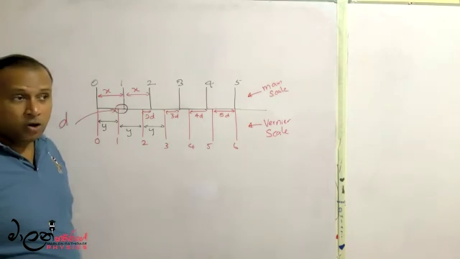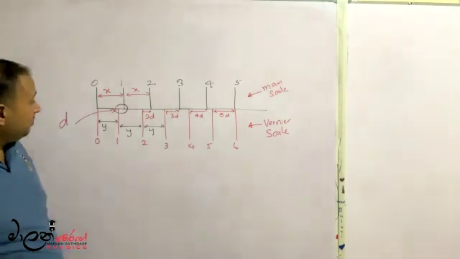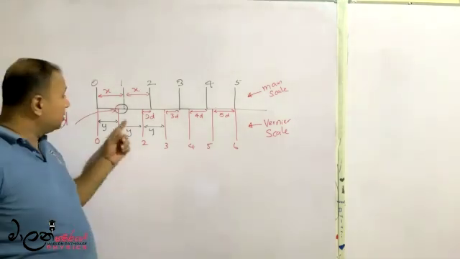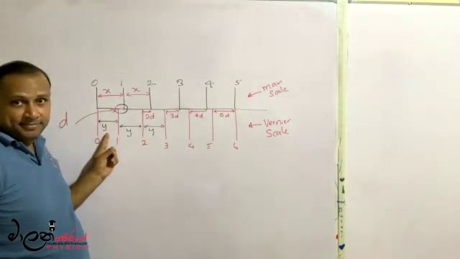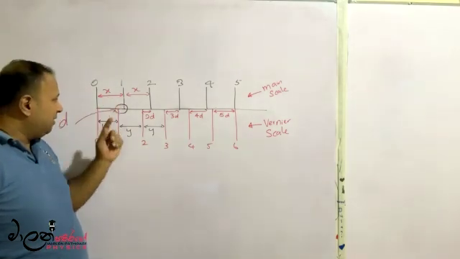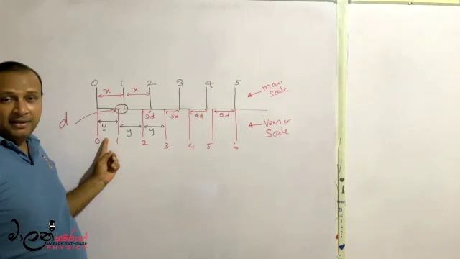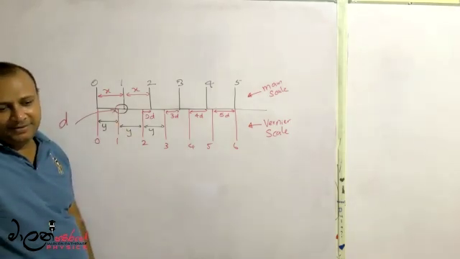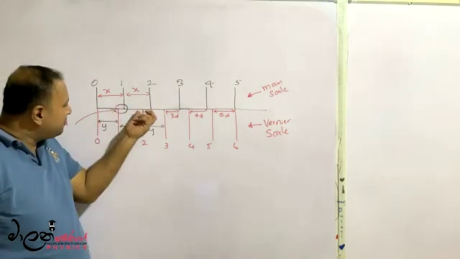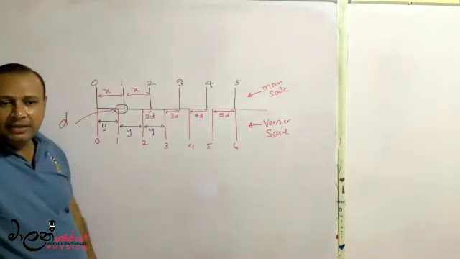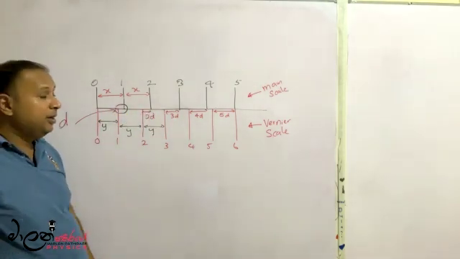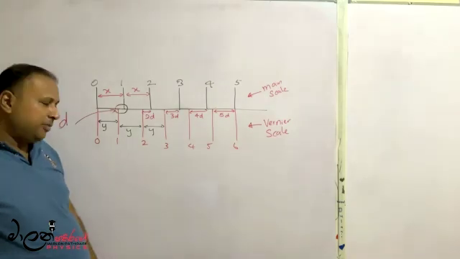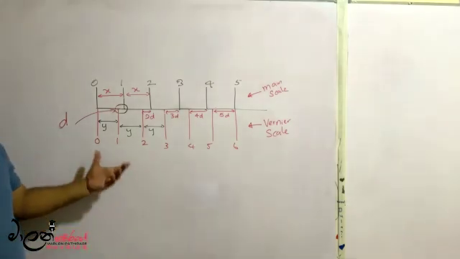Therefore, the minimum reading that can be taken using this instrument is equal to x minus y, because x can be taken, y can be taken, then x minus y can be written. Therefore, the minimum reading is the minimum gap that can be taken using the measuring instrument.